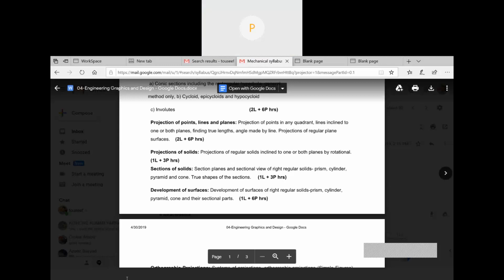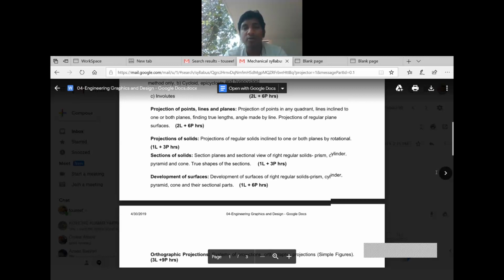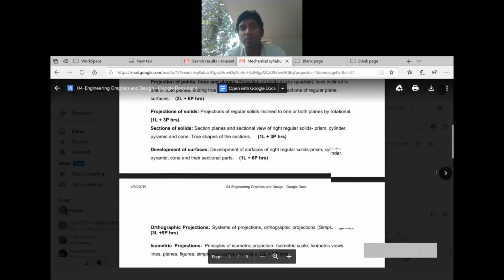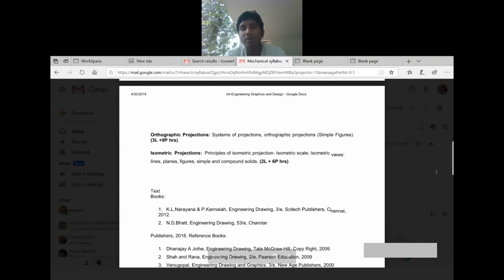Then you have projection of points, lines, and planes. I think you have done points and lines as well. The remaining part is projection of planes, projection of solids, sections of solids, development of surfaces. Already you have done orthographic projections, system of projections, simple figures.